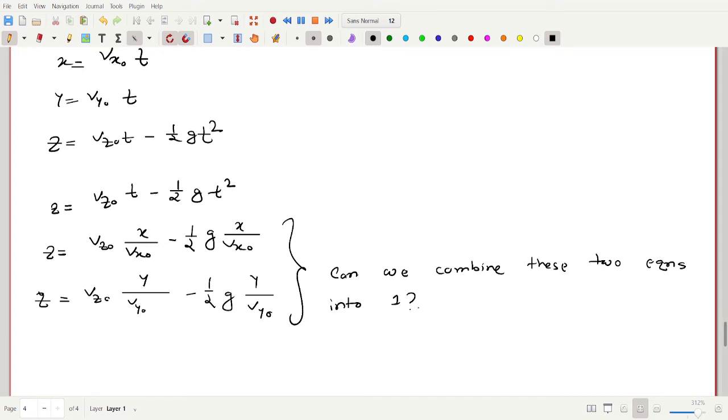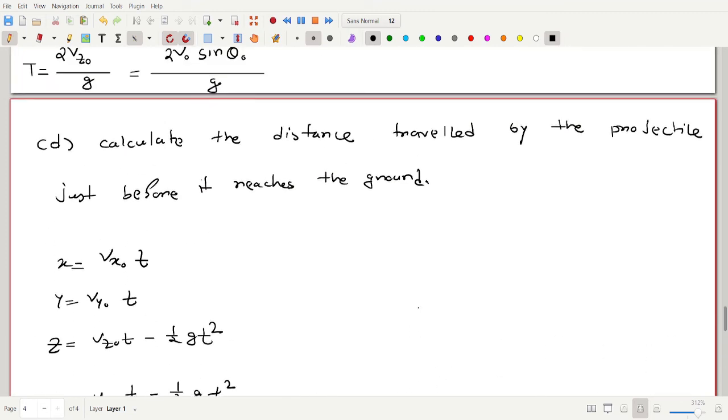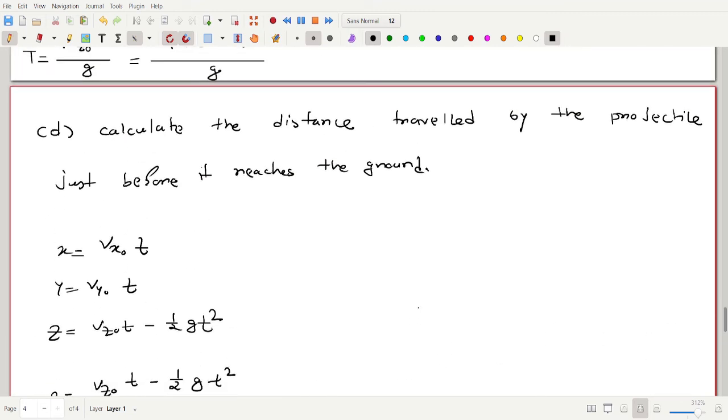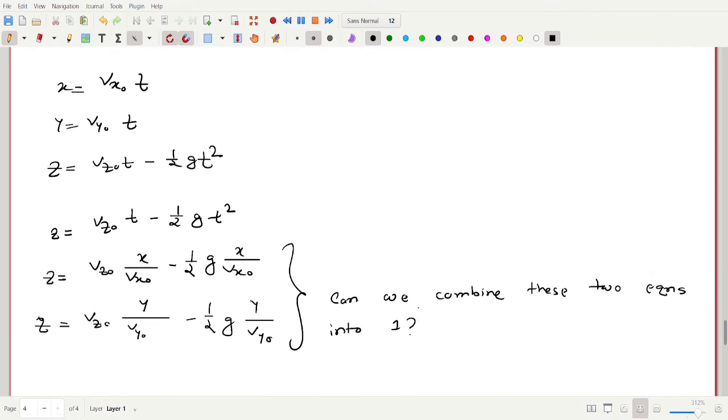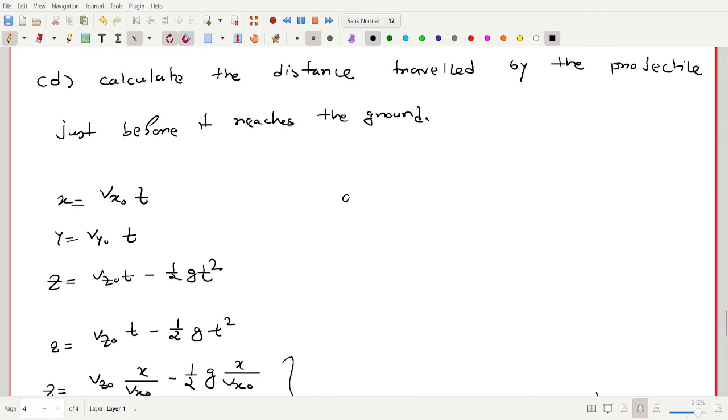Now what we were calculating: calculate the distance traveled by the projectile just before it reaches the ground. So look, this rho is in the xy plane.